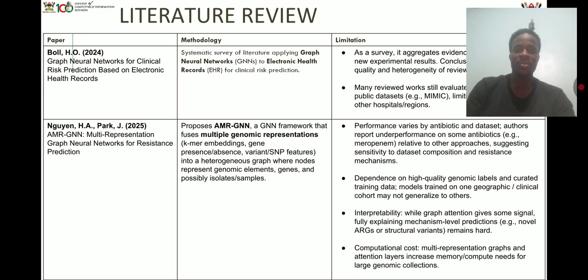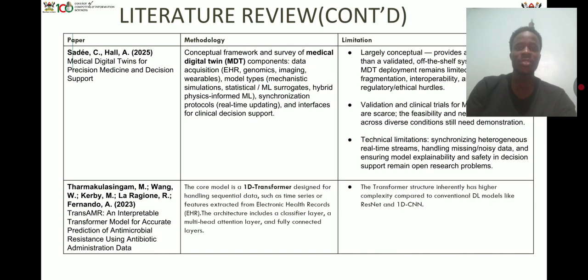The next paper is AMR-GNN, Multi-Representation Graph Neural Networks for Resistance Prediction. This paper has AMR-GNN and genomic representations, which are part of the things that we use in our project. The next paper is Medical Digital Twins for Precision Medicine and Decision Support.